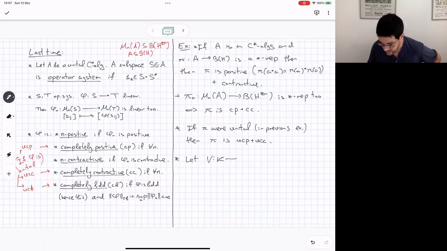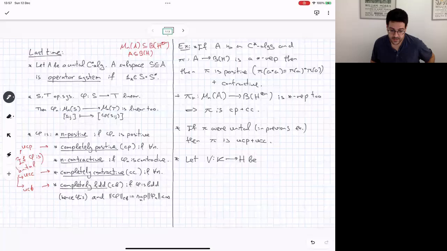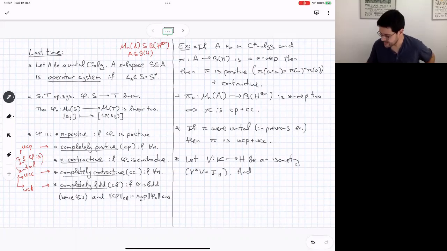V from K to H be an isometry. Okay, so V star V is the identity of H. And let pi be, as before, a unital star representation.